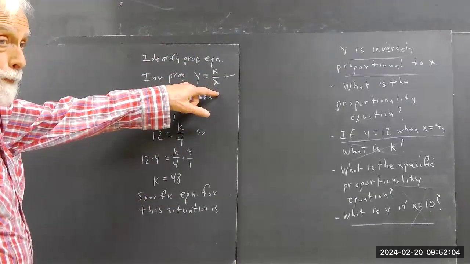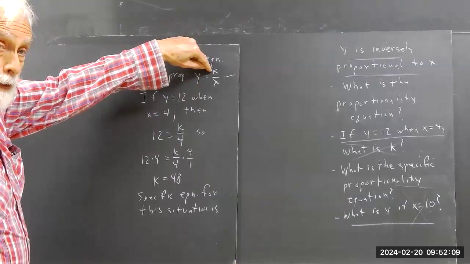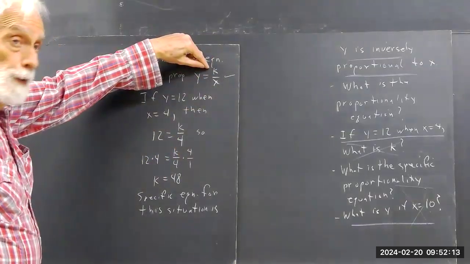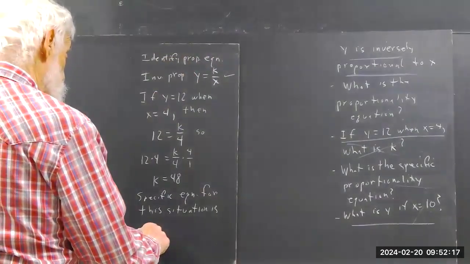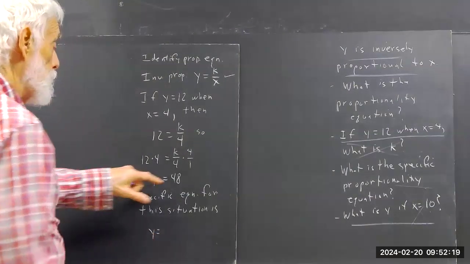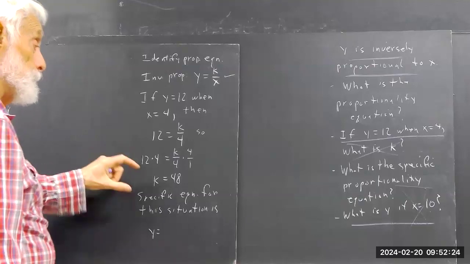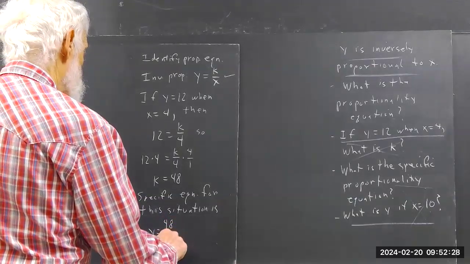We know we're going to have different values of x and different values of y, but k is always going to be the same because the definition of proportionality says that this is true for a constant number k. K is a constant number. If k is a constant number, we find out what it has to be. K has to be 48 for this particular specific situation. So y is 48 over x.